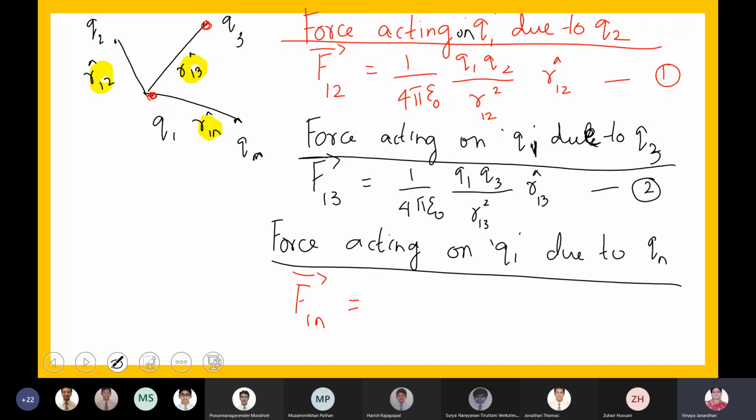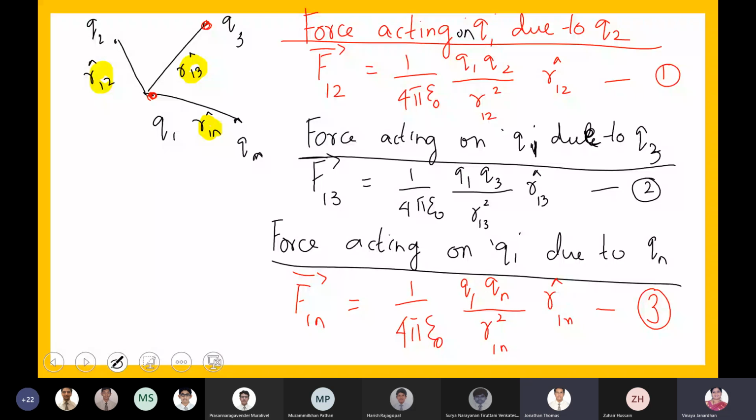See, the nth charge is exerting a force on Q1. So 1 by 4 pi epsilon naught, the product of both the charges Q1 Qn, by the distance between them, R1n squared, R1n cap. Is this correct? Boys, is that clear? Yes, ma'am.